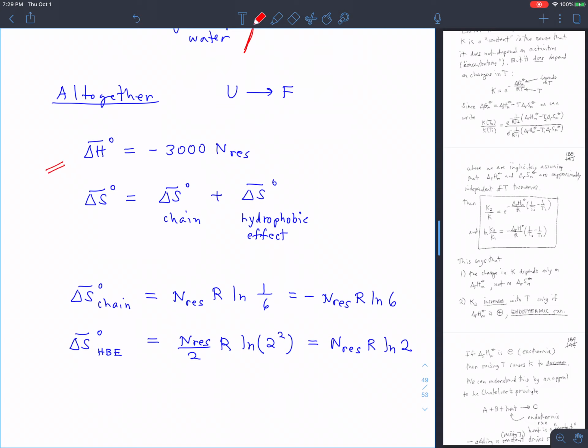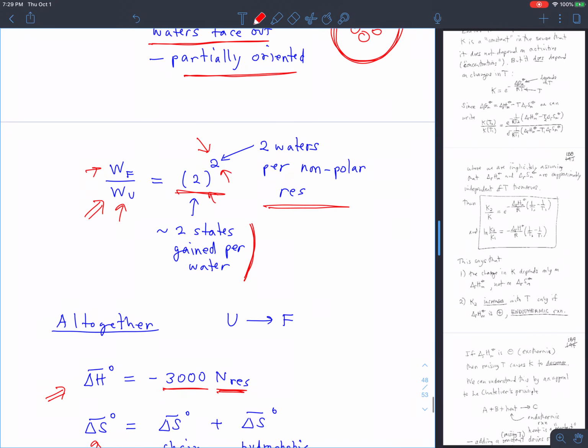We're saying that there's a delta H contribution due to the sticking, minus 3,000 joules per residue of protein, no matter how many proteins there are, no matter how many residues there are. We're saying that the delta S contribution to delta G has 2 contributions. One is from the chain entropy, the restriction of the chain entropy when it folds up. One is from the hydrophobic effect, right? This is unfavorable. We lose microstates here. Up here, notice we're gaining microstates, right?